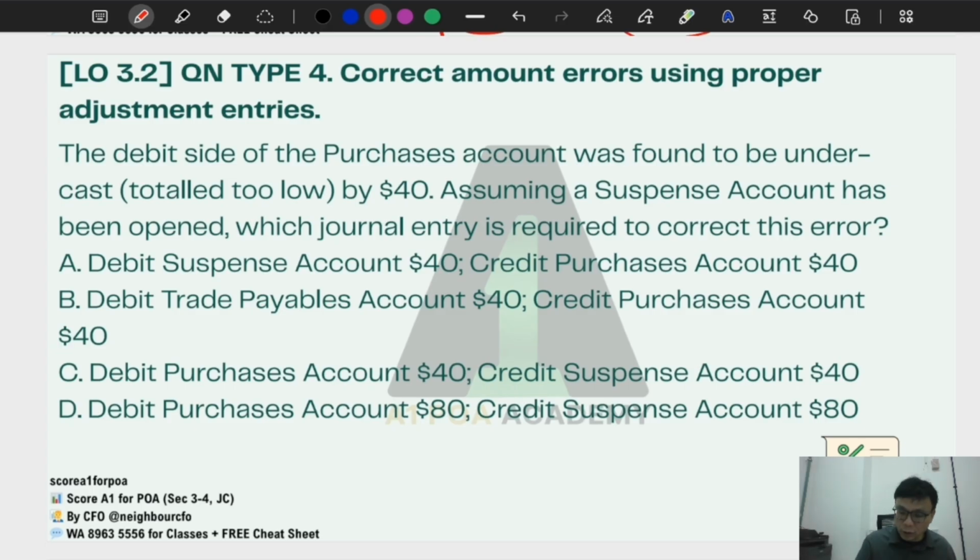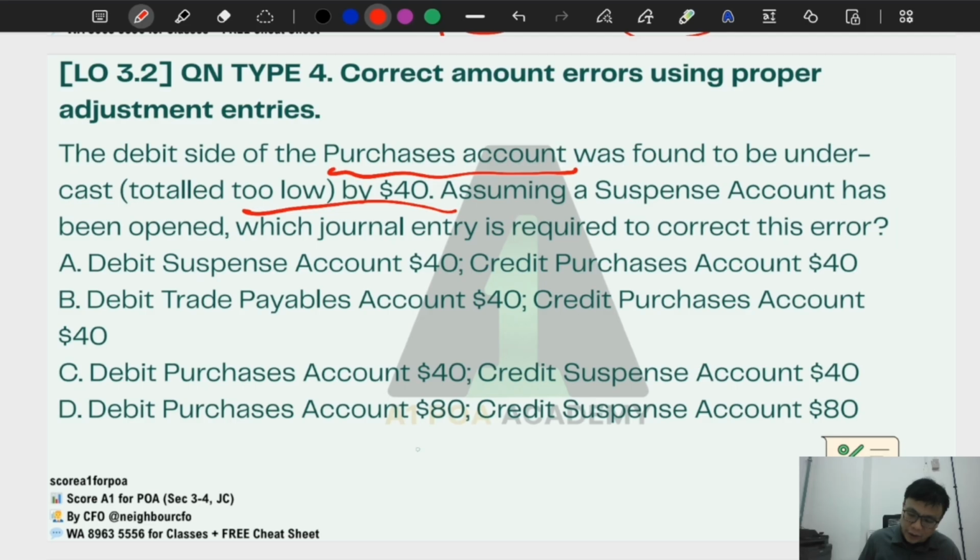So once again, let us look at the keywords. Purchase account, found to be undercast, right? Fall short by $40. Maybe the calculator calculated too fast and ended up undercast by $40.